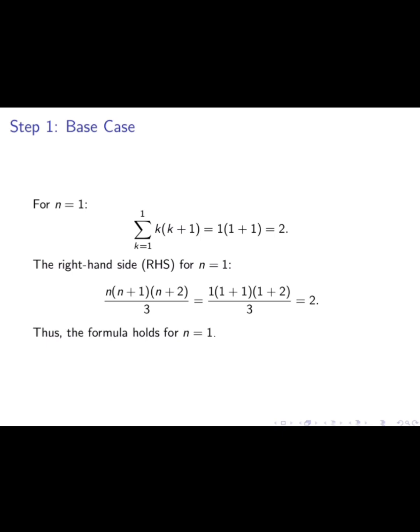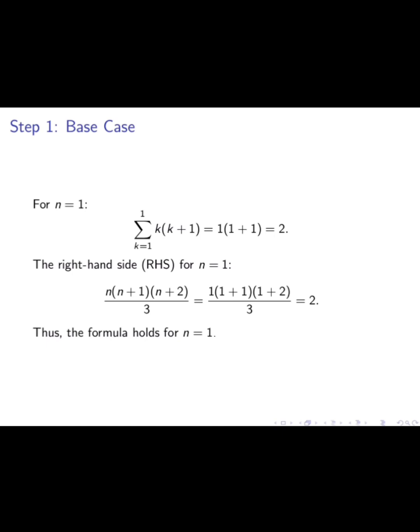So that will be 1(1 plus 1), and that is equal to 2. Secondly, we check the right hand side. Anywhere you see n, you put 1, and at the end of the day we have 2 as well. So you can see that the left hand side is equal to the right hand side.